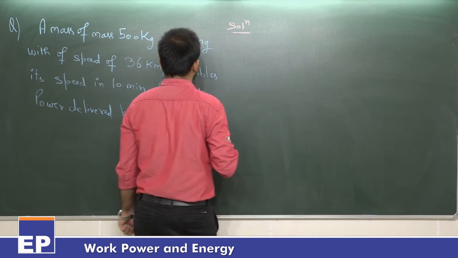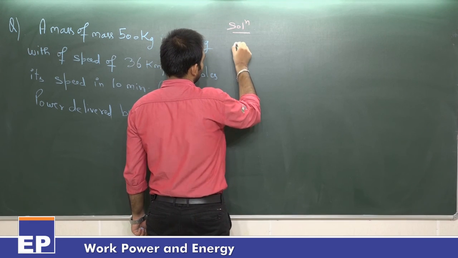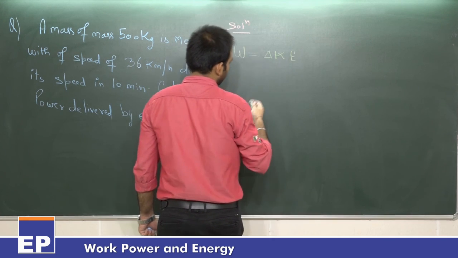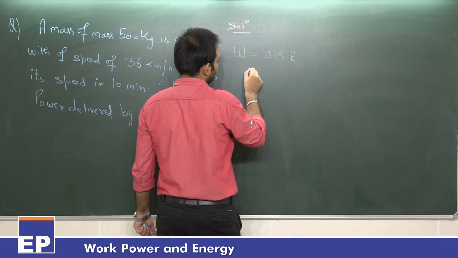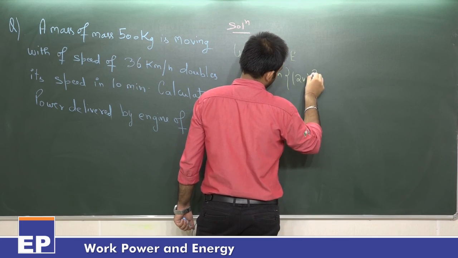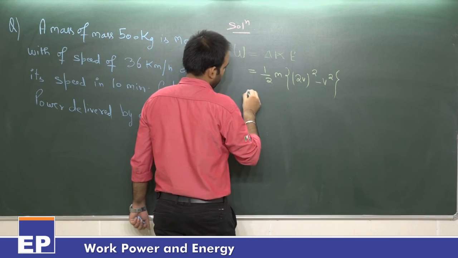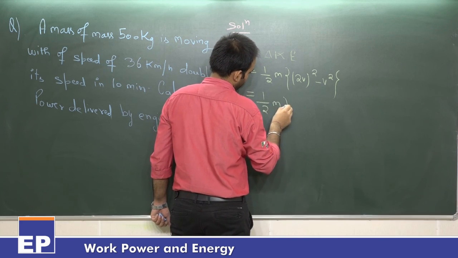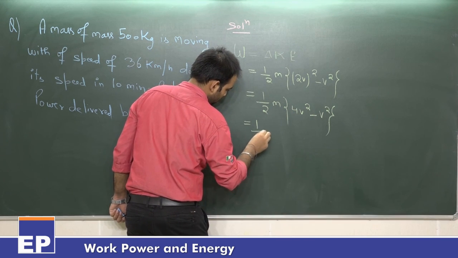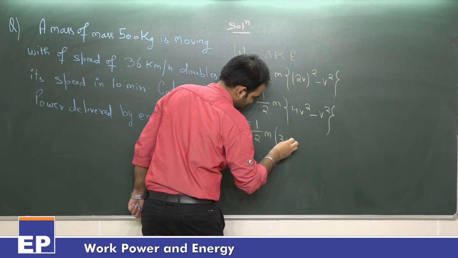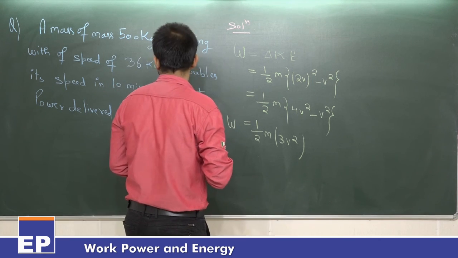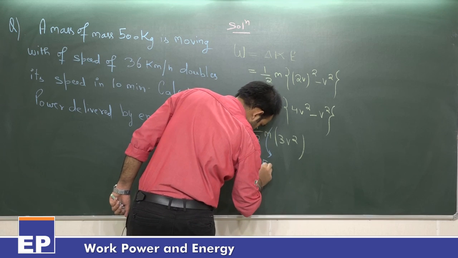To find the power delivered, we can say that work done is the change in kinetic energy. If it doubles the speed, it will become half m, 4v square minus v square, that is half m into 3v square. That is the change in kinetic energy, i.e. work done. What is the mass of the car? 500.